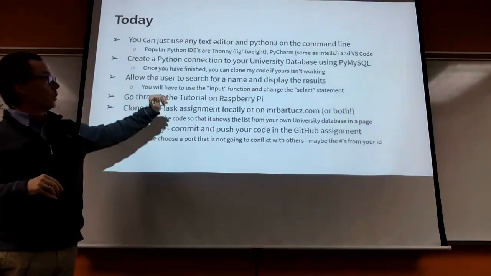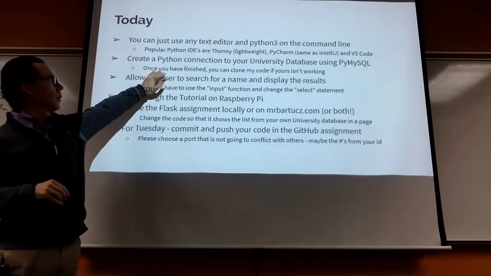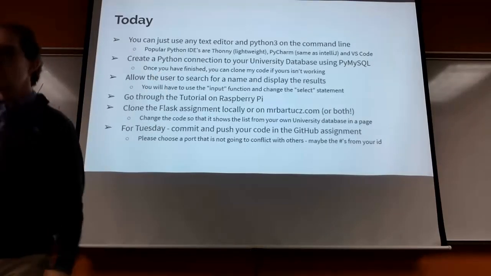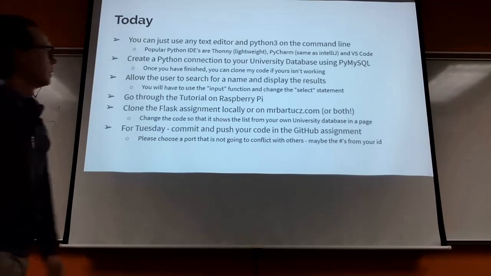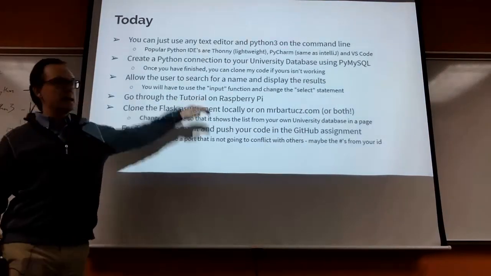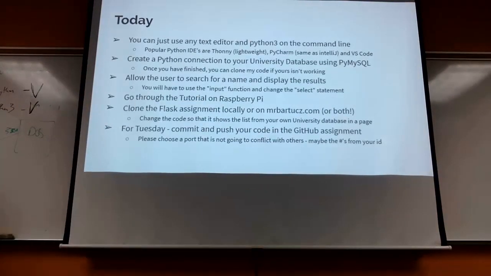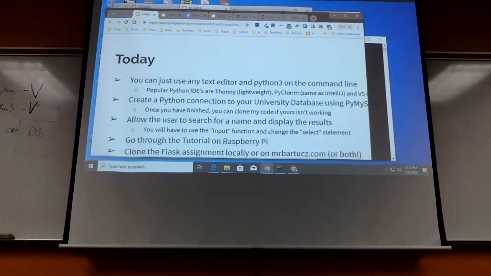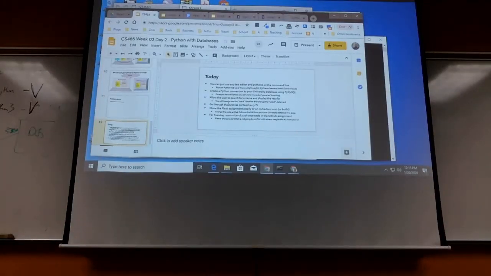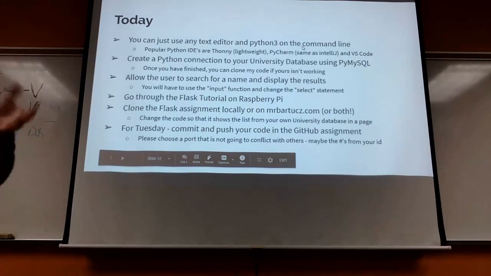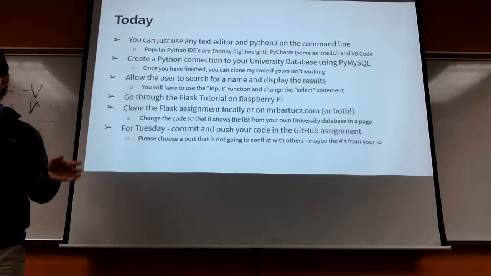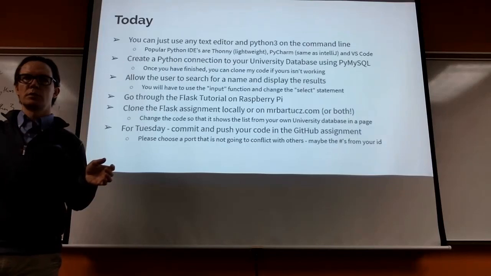I will again post a link to the example code that I just ran that connects to the generic database. I would like you to go through the Flask tutorial on Raspberry Pi just to learn how Flask works. Hopefully you all have some fundamental understanding of HTML and CSS. Yes, no, maybe so, a little bit.